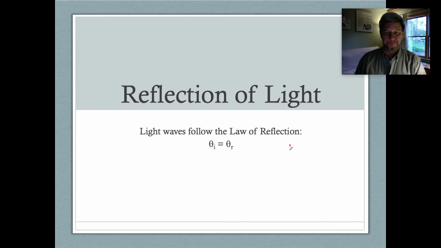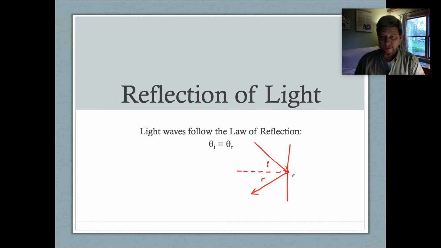And so if you've got a surface with a normal line drawn to it, a perpendicular line, if a light ray comes in and strikes the surface at some angle that I'll call I, then it's going to be reflected at an angle that I'll call R. And although I didn't do a very good job drawing this, angle I and angle R are equal. They are the same. And that is the law of reflection for light.